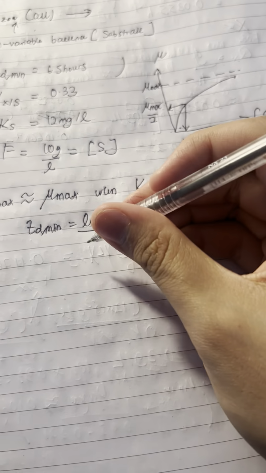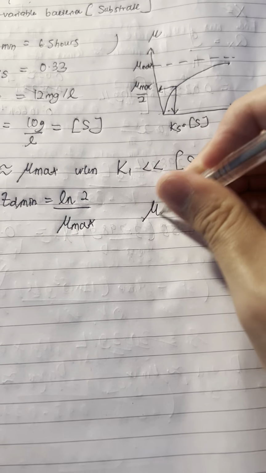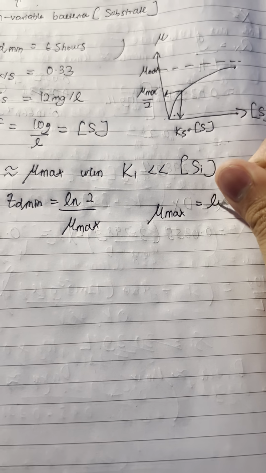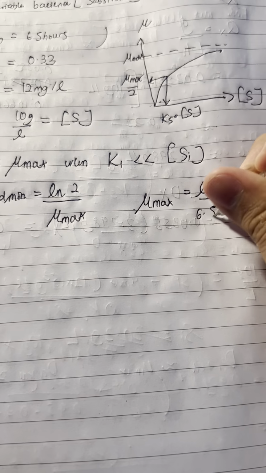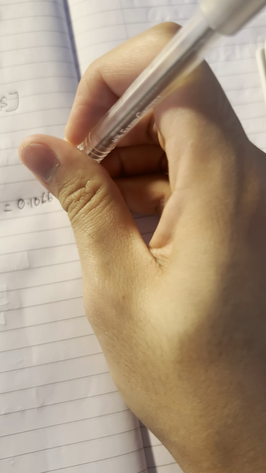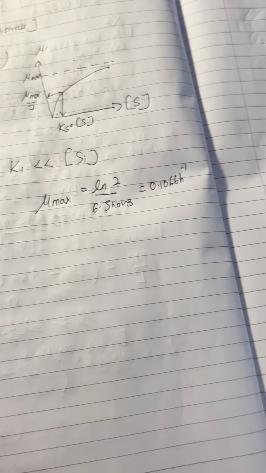So mu max is ln 2 over 6.5 hours, which is 0.1066 per hour.